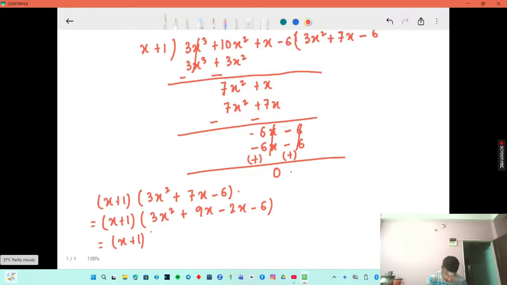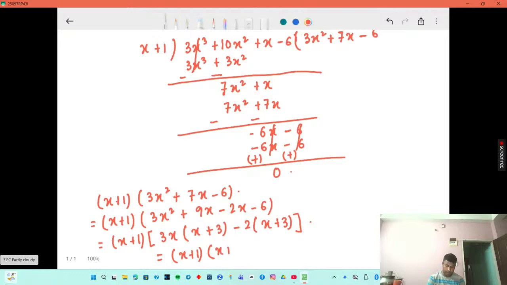Now here it will come as 3x, x plus 3 minus 2, x plus 3. So how much will it come? It is equal to x plus 1, x plus 3 and 3x minus 2.